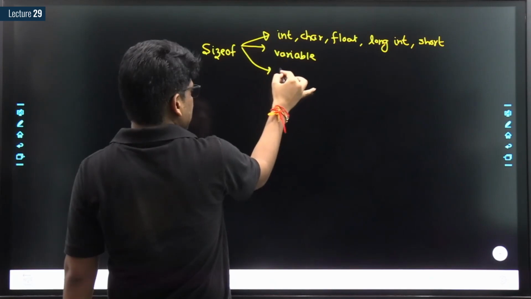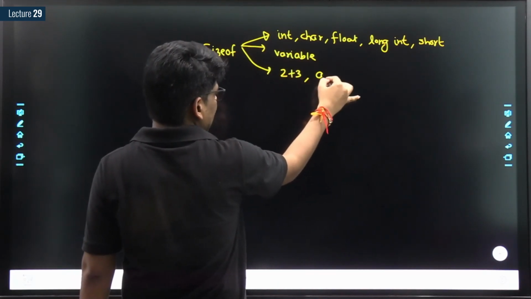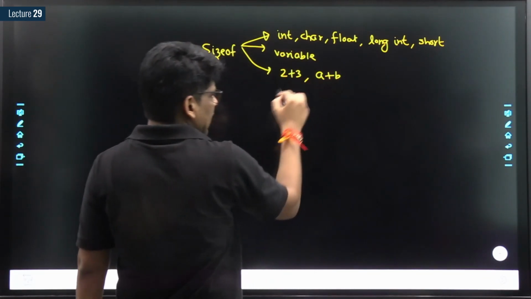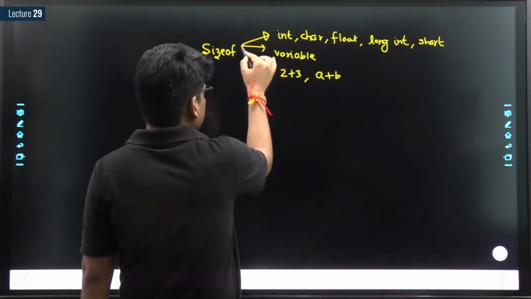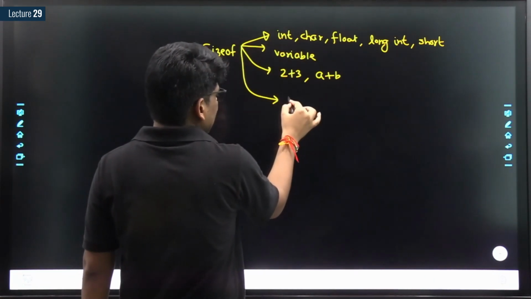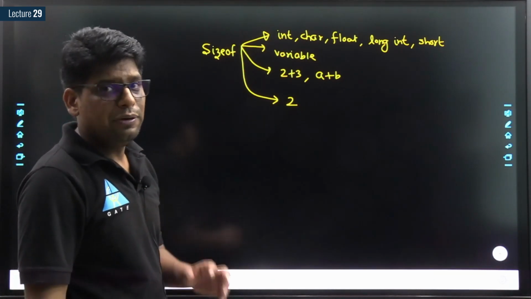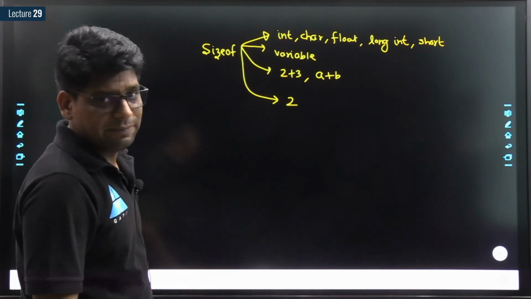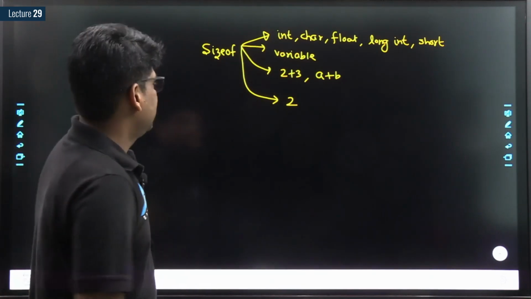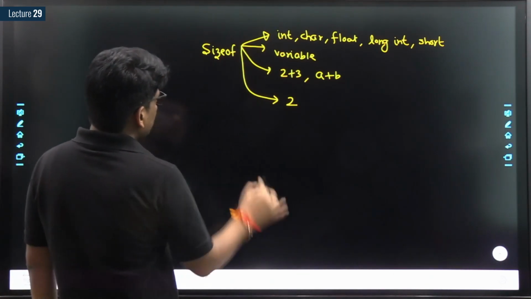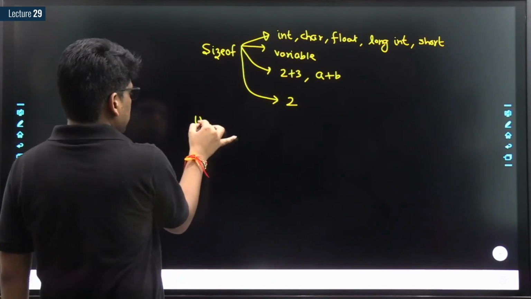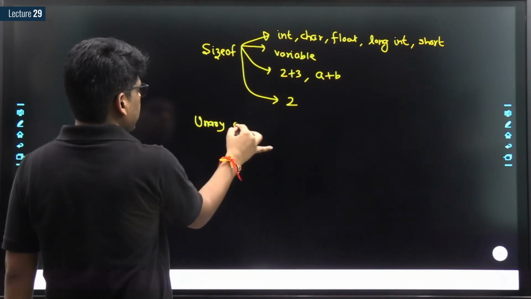Can I give it an expression like 2 plus 3 or a plus b if a and b are variables? Yes, sir, of course. Can I give it a constant like 2? Of course, sir. Try to understand. Okay. So sizeof, and the most important thing, it is a unary operator.